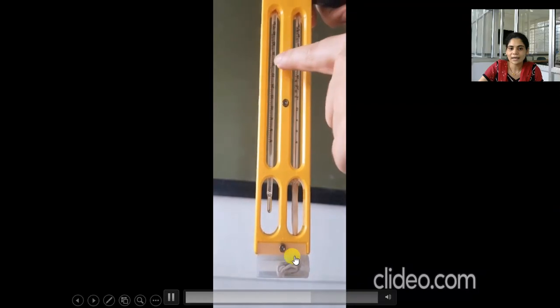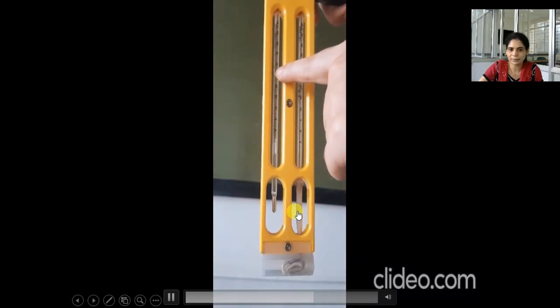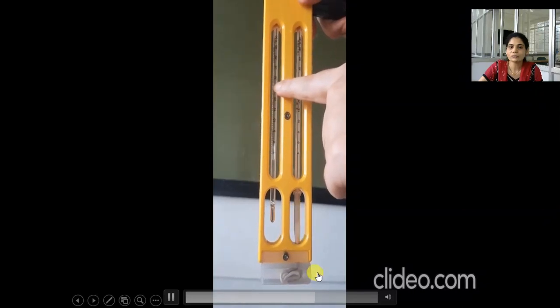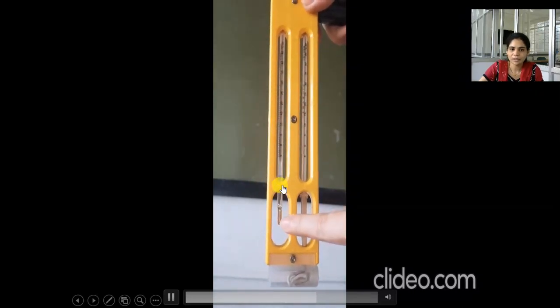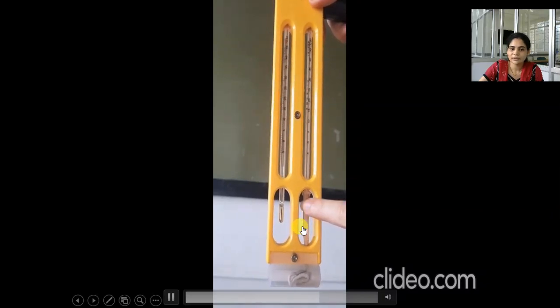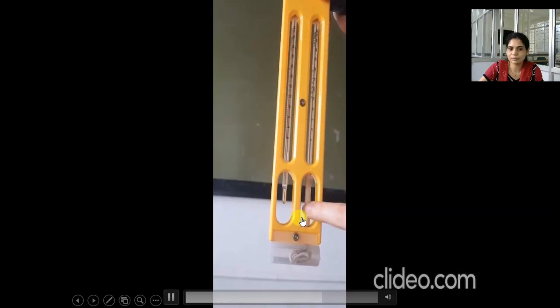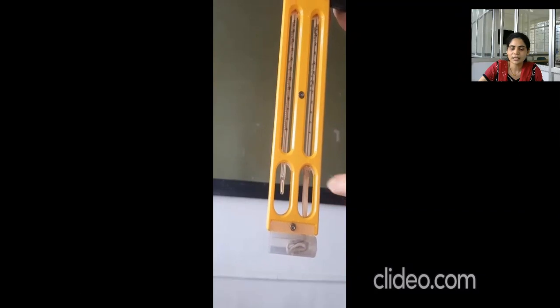First we will check the temperature on the dry bulb. The temperature on the dry bulb is 26.5. This is the atmospheric temperature, and we will wait for some time so that the water rises in the capillary and the wet bulb is surrounded by the cold water.